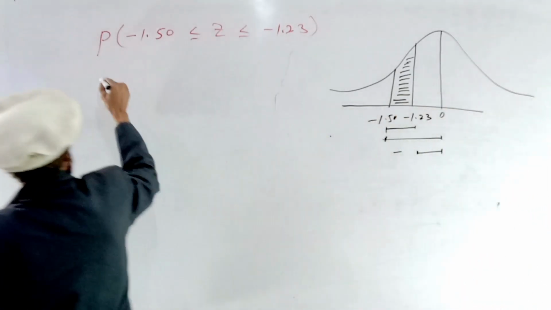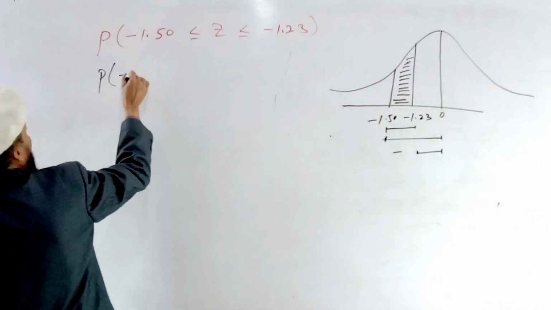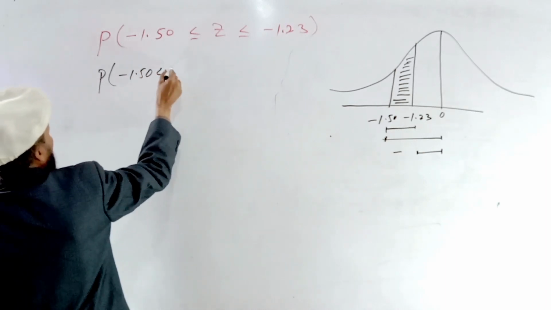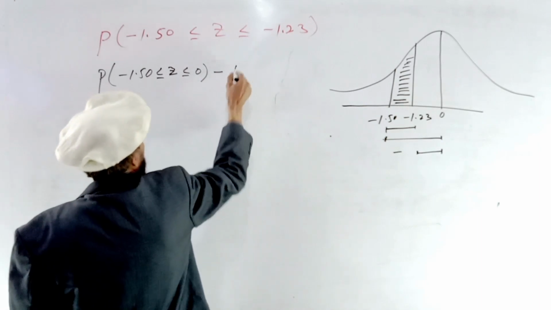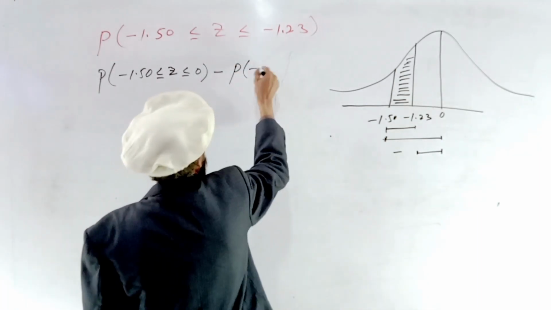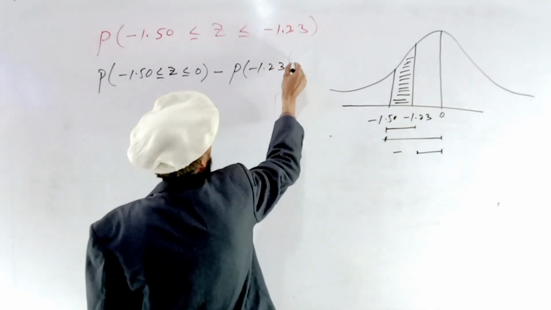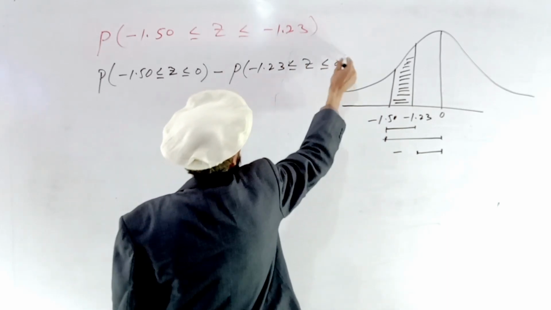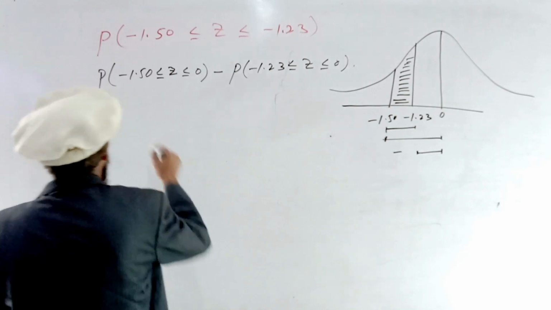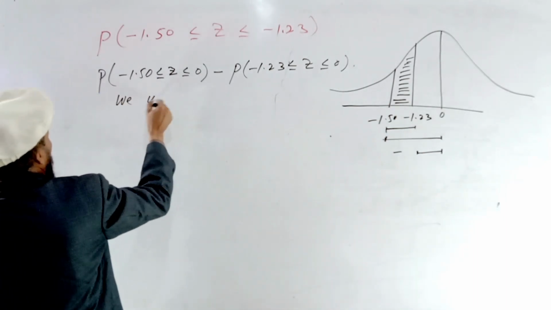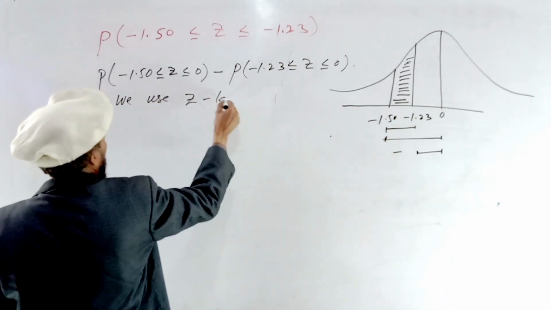Now we can write this probability: minus 1.50 less than or equal to z less than or equal to 0, minus probability of minus 1.23 less than or equal to z less than or equal to 0. So we use the z table.